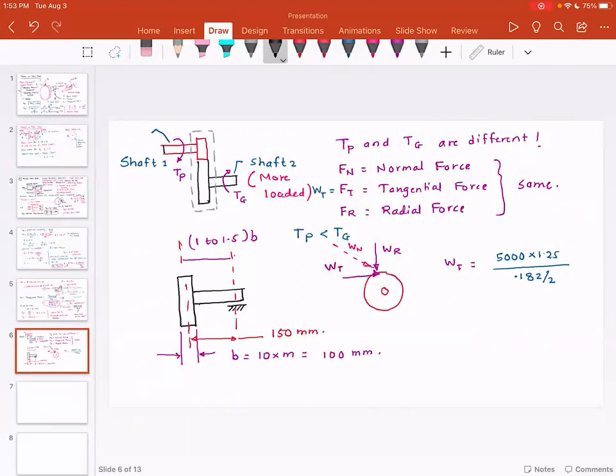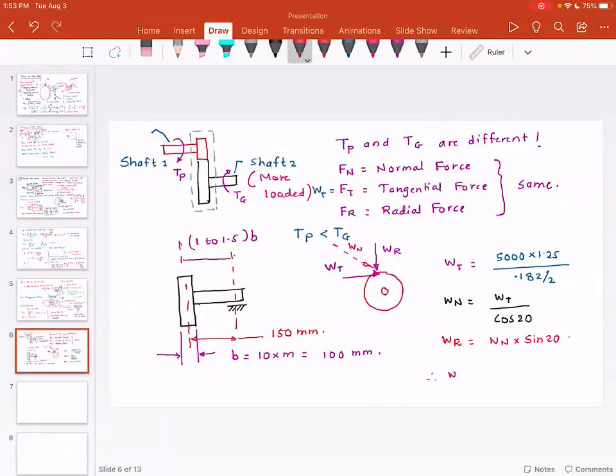Then the next thing is I need to find out WN. WN is WT divided by cosine 20, and WR is equal to WN multiplied by sine 20.